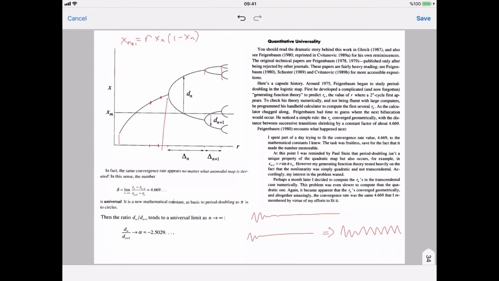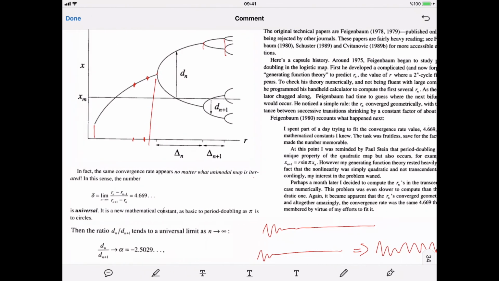So the question you just asked is, what do we mean by universality? Why is it universal at all? So let's first define what we mean by universality. We mean that this distance where the two bifurcations occurred, this one and this one, the preceding bifurcation, if I take this length and divide it by this length, I will get something around 4.7.